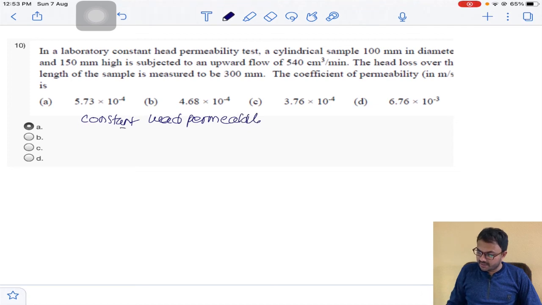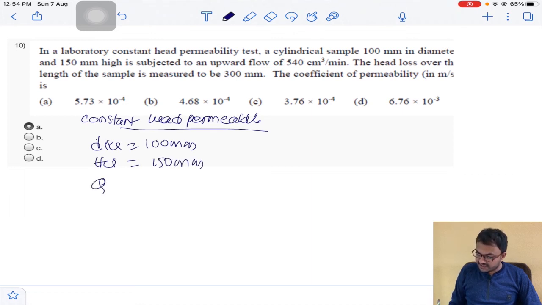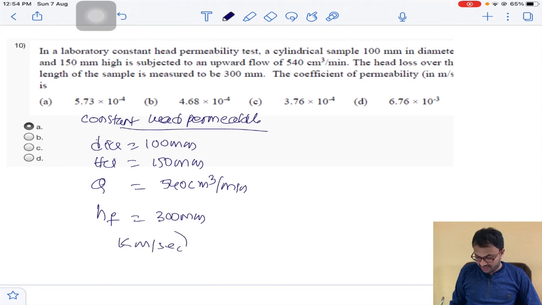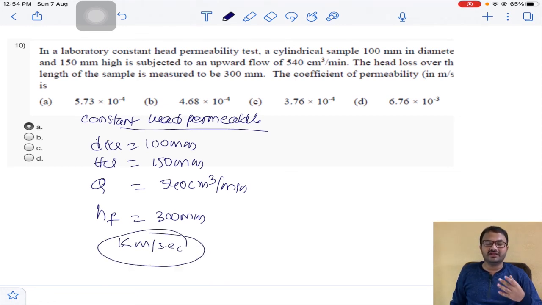So a cylindrical sample, diameter he has given, it is 100 mm, and height he has given, it is 150 mm, subjected to an upward flow of discharge Q is equal to 540 centimeter cube per minute, and head loss over the length of the sample is measured to be HF is equal to 300 mm. We need to calculate K value, that is permeability in the constant head permeability.